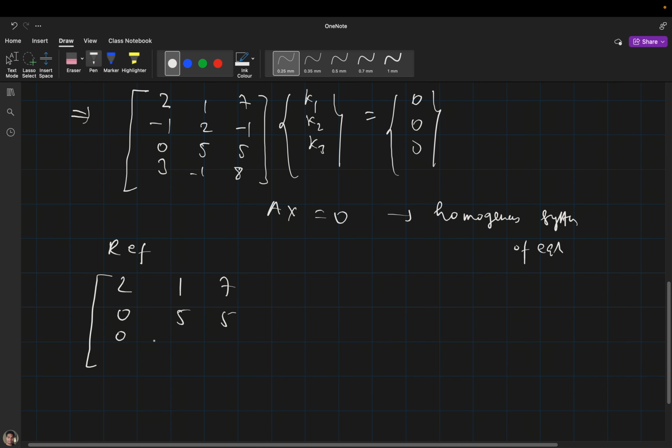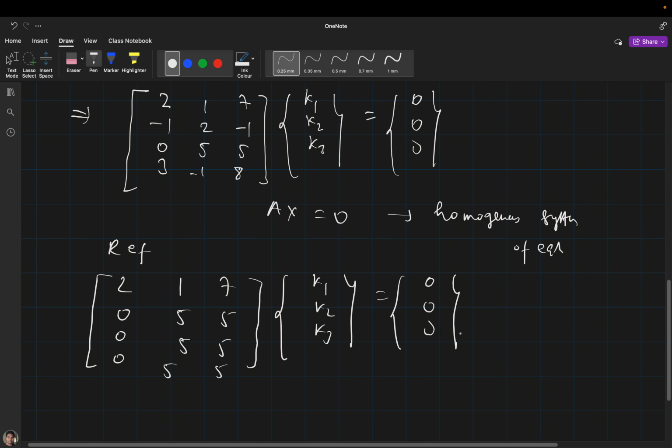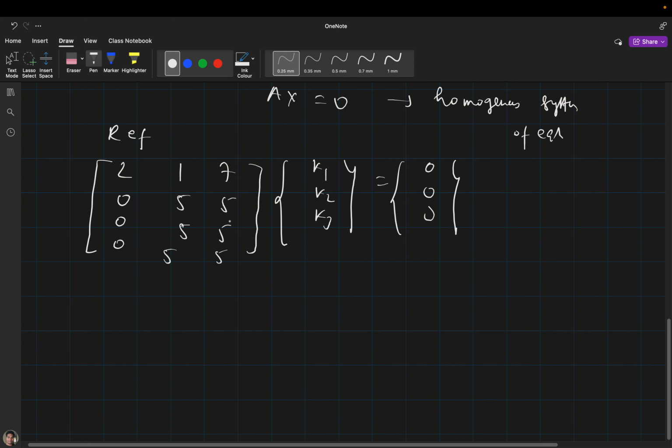Similarly, this row will be as it is, and the fourth row will be 0 5 5, right? And this will be k1 k2 k3 equal to 0 0 0. Okay, now subtract this row by this row.